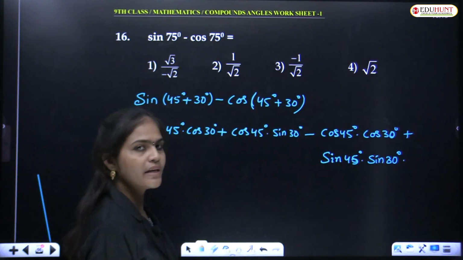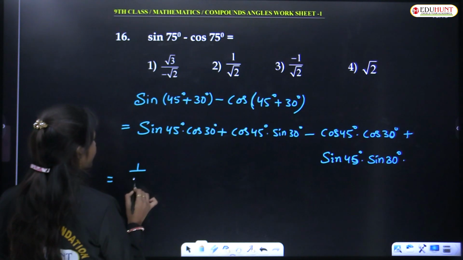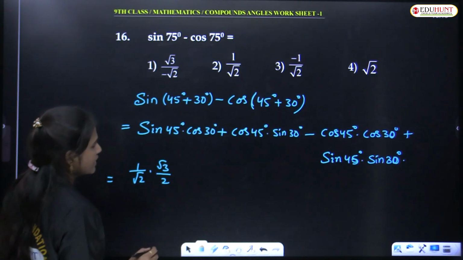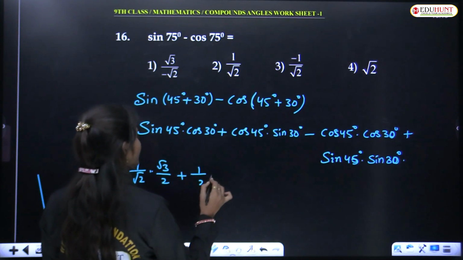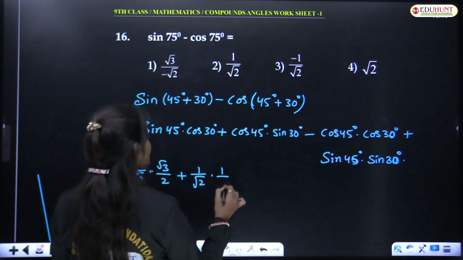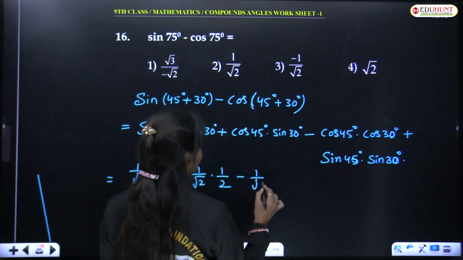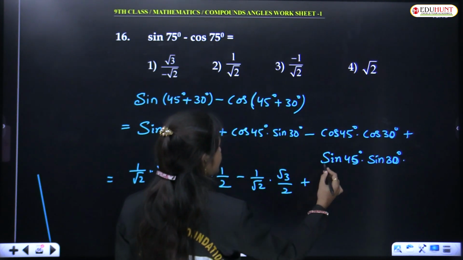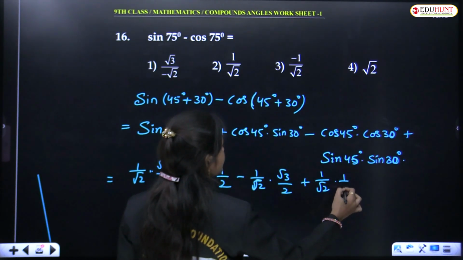Now we have to substitute these values. So sin 45 is 1 by root 2, cos 30 is root 3 by 2, just like the previous one, but here the signs only changed. And cos 45 is 1 by root 2, sin 30 degrees is 1 by 2, minus cos 45 degrees 1 by root 2, cos 30 degrees root 3 by 2, plus sin 45 degrees 1 by root 2 and sin 30 degrees is 1 by 2.